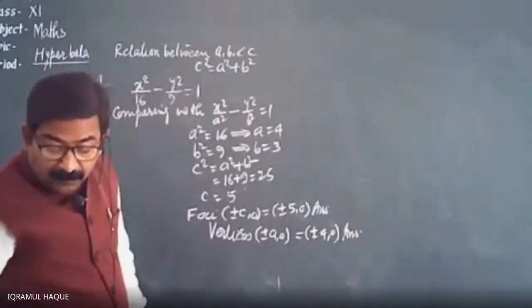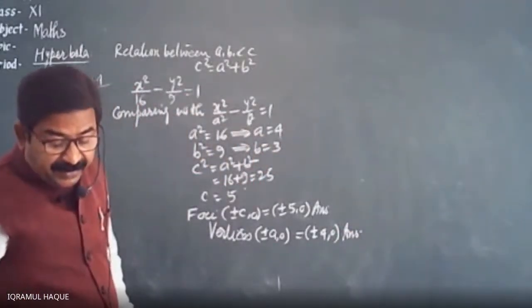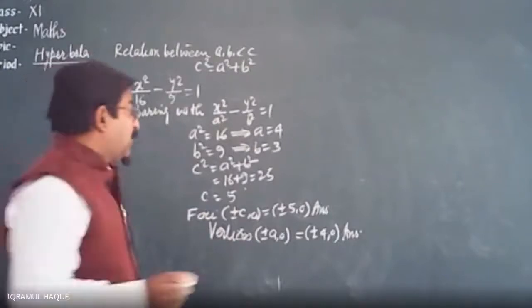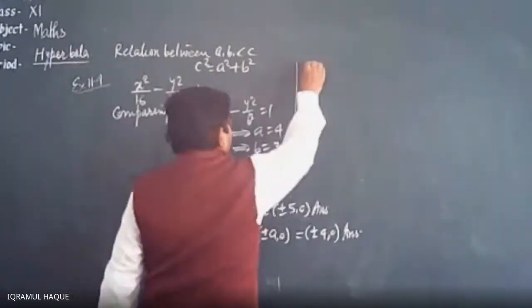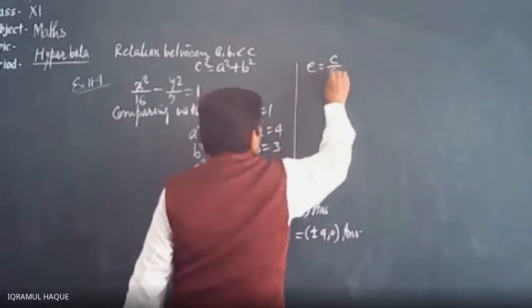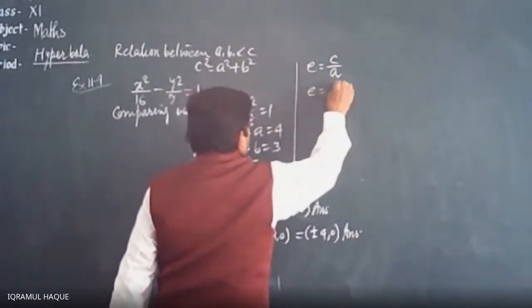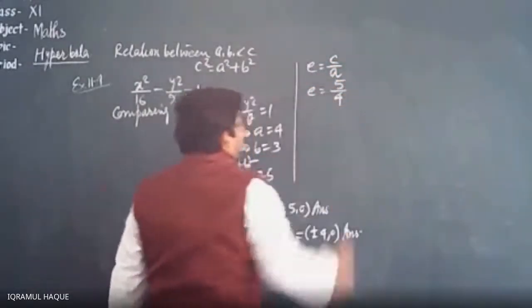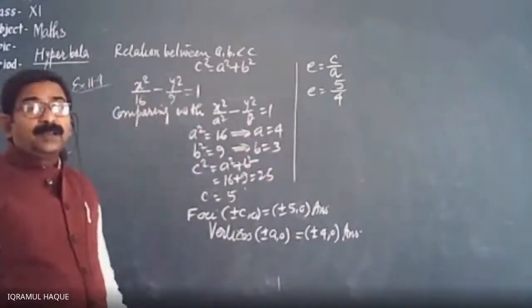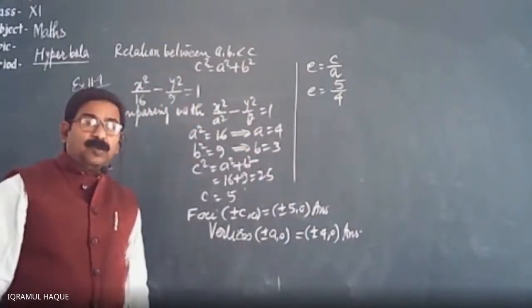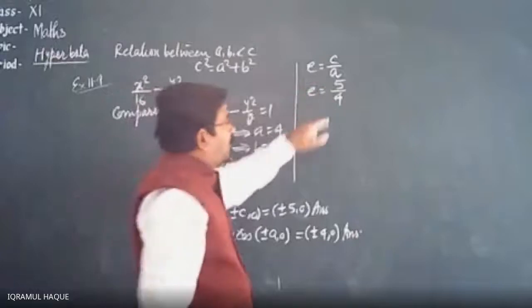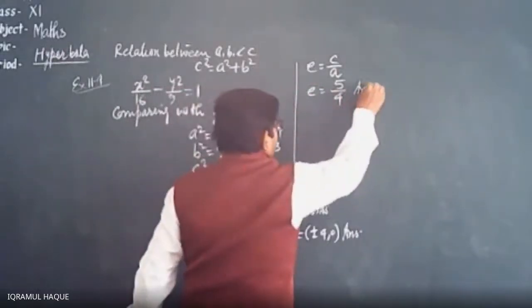Now we have to find eccentricity and length of latus rectum. e is equal to c upon a. So e is equal to c, which is 5, upon 4. In case of hyperbola, eccentricity is more than 1. See, it is 5 upon 4. This is the answer.